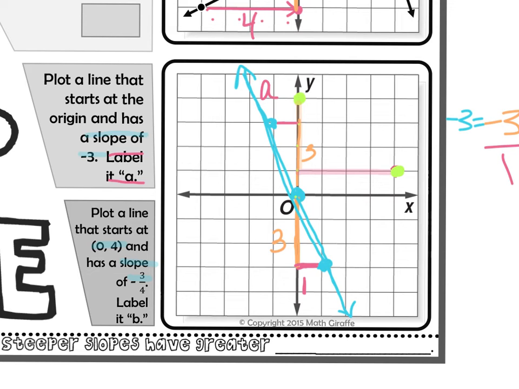So I need to make sure it's negative. And I really can't go to any other points because it will go off the graph. So all I can do are 2 points, and I'll connect my 2 dots, and I have my slope of -3/4. So I'm going to label this line B.